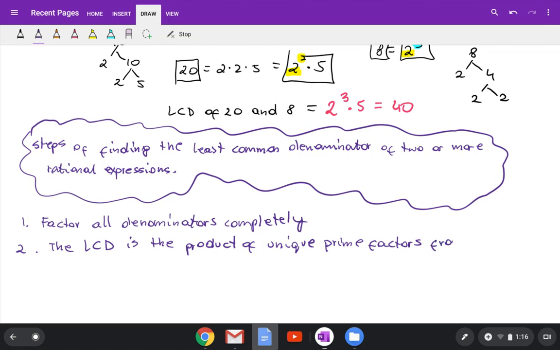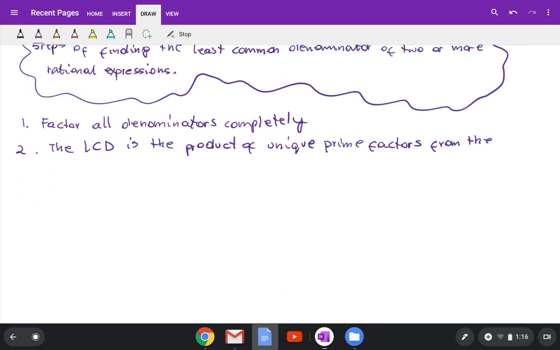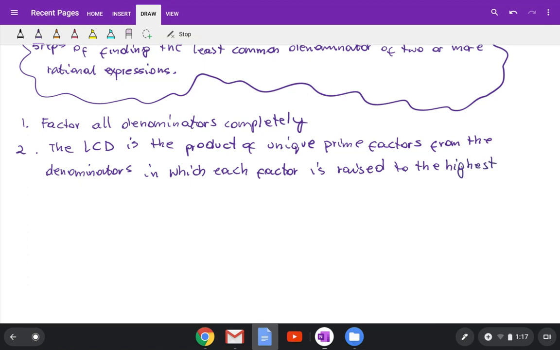From the denominators in which each factor is raised to the highest power which appears in any denominator.